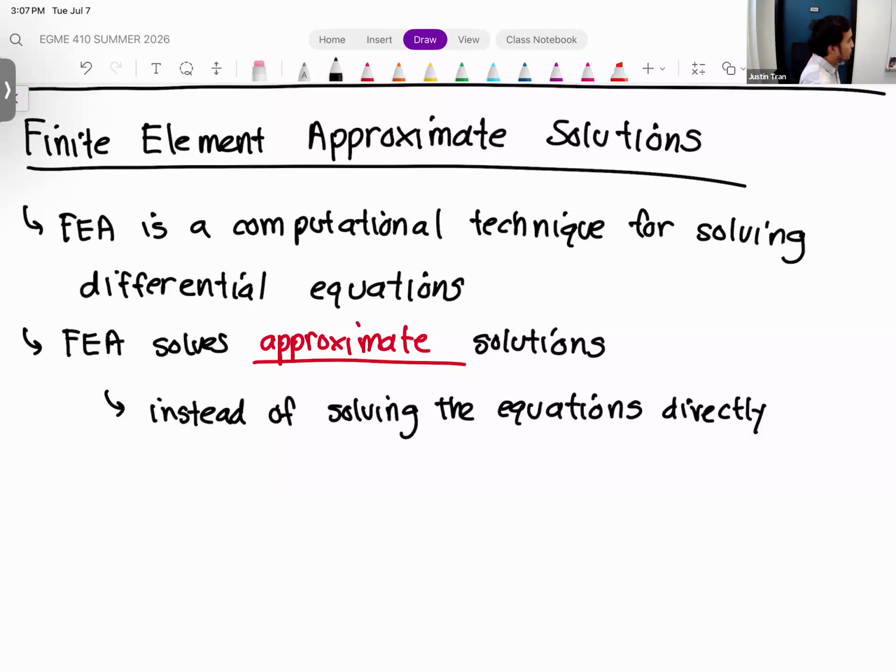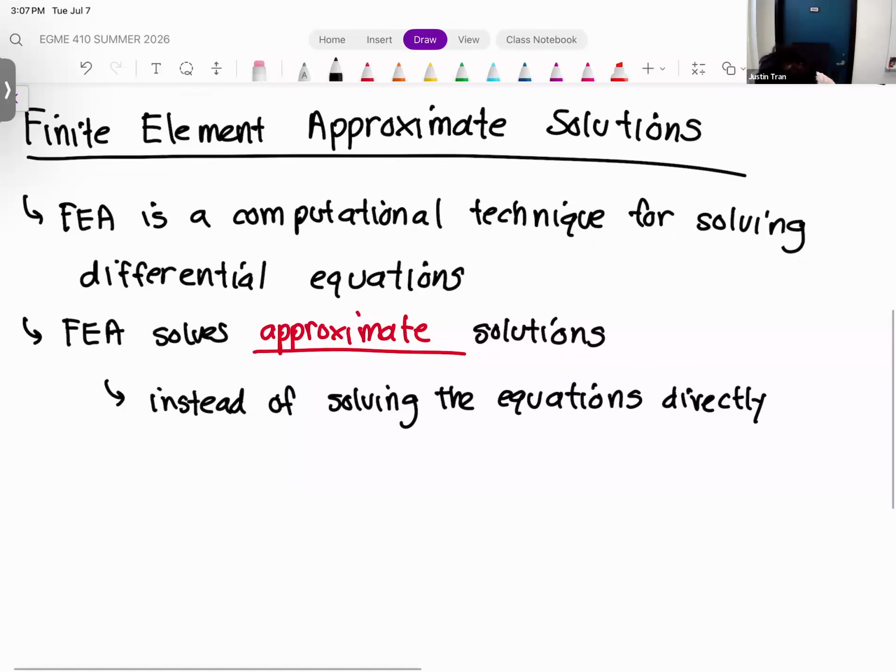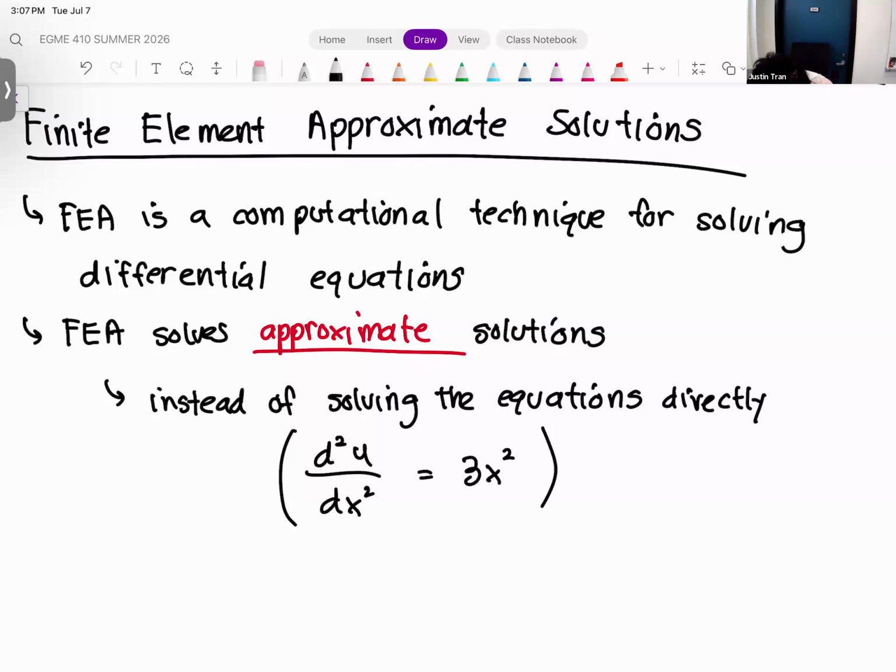Think back to last week, when we did that very brief example with the first order ordinary differential equation where we took that integral. Just to refresh your memory, this is the equation that we solved. When we solved this equation, we had no preconception of what the solution would look like.